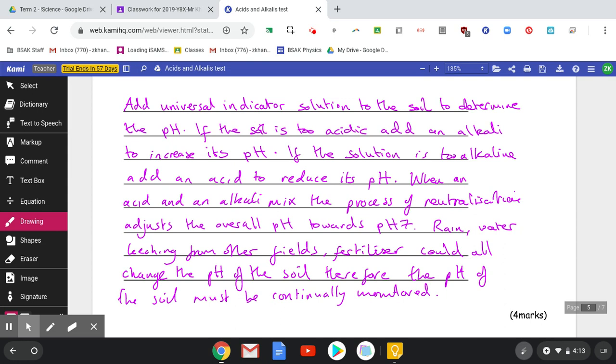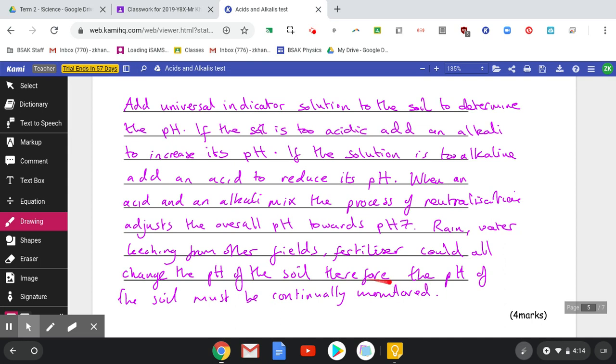Now, what could naturally change the pH of the soil? Well, it could rain, or water could leach from other fields, soil nearby, and mix in with the soil that we are looking at. When we are trying to grow more crops, more yield, we add fertilizer. All of these could change the pH of the soil.